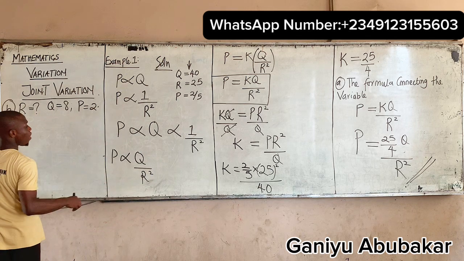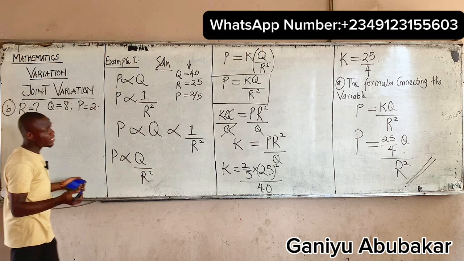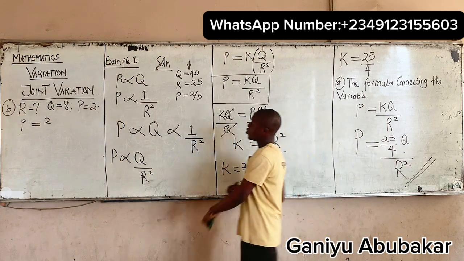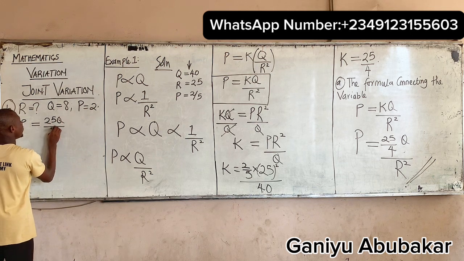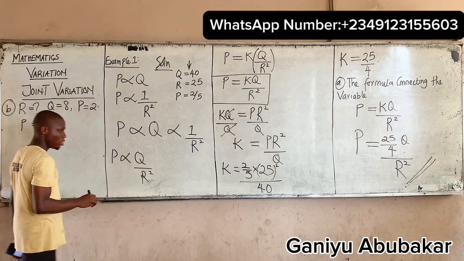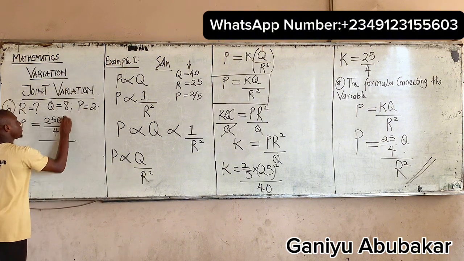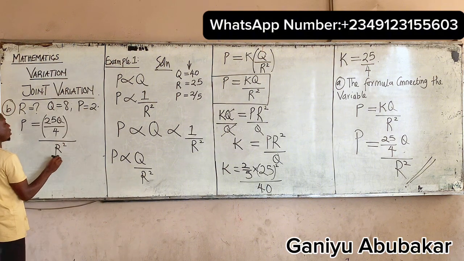From there, I have P equal to 25Q over 4, divided by R squared.